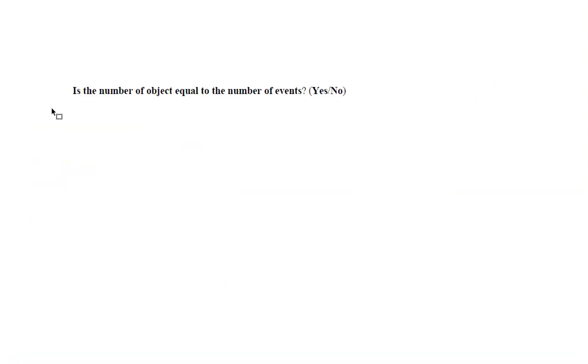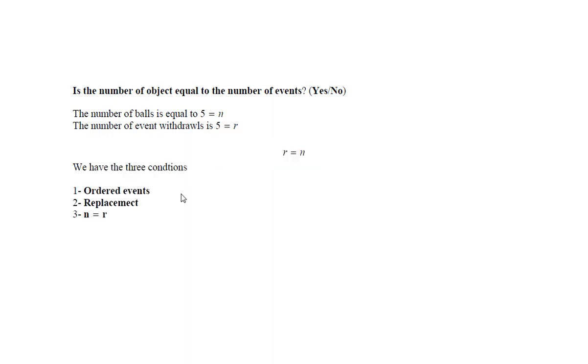Now the last condition we have to examine is: is the number of objects equal to the number of events? We have 5 objects, we have 5 numbers, and we are withdrawing them one by one. How many times? 5 times.